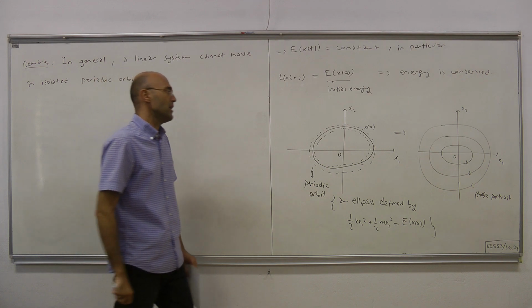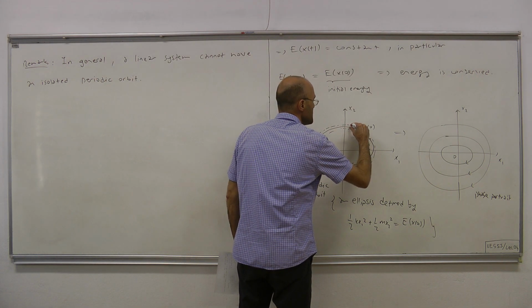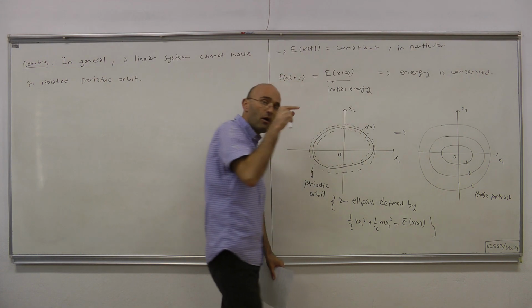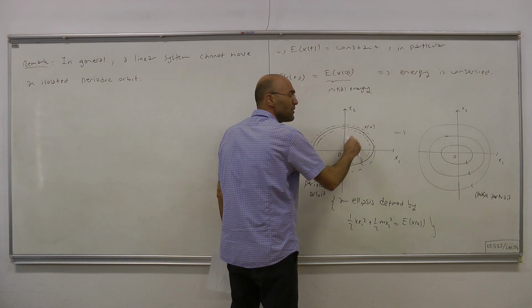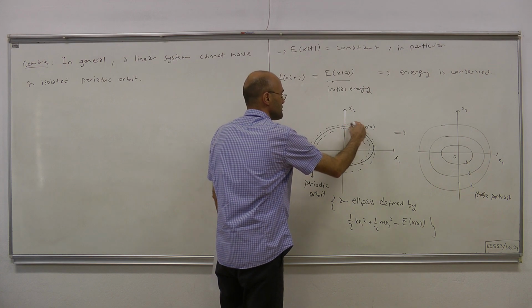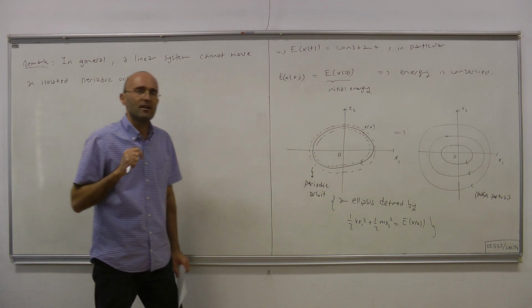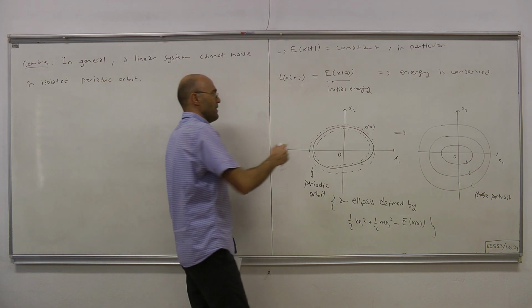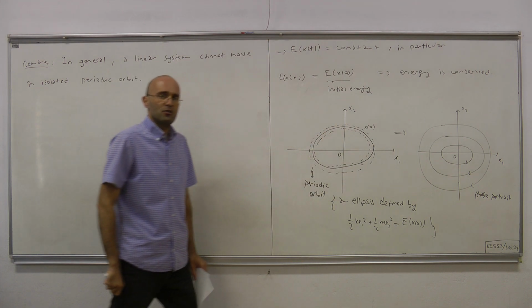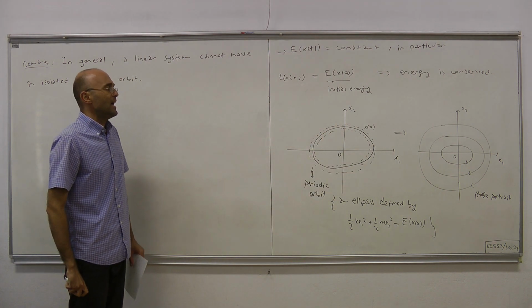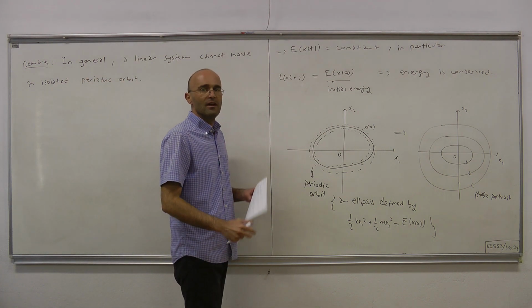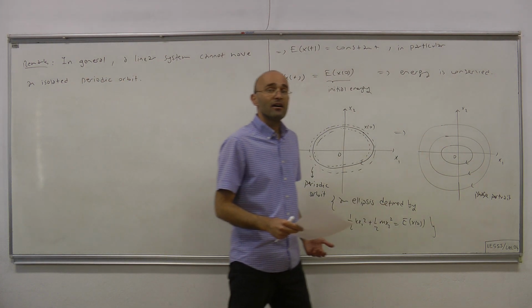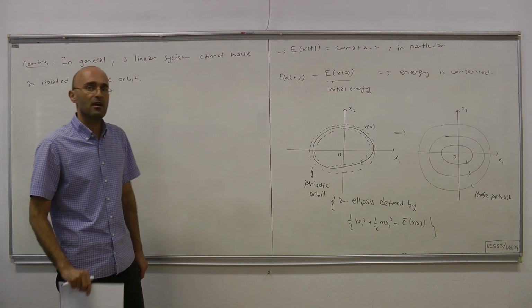Otherwise, that is, no matter how you squeeze this envelope around that orbit, if you can always find another periodic orbit within that donut, then we say that that periodic orbit is not isolated. And clearly, well, almost clearly, linear systems cannot have isolated periodic orbits.